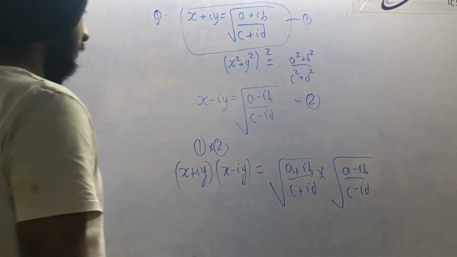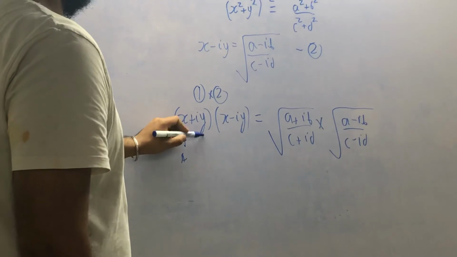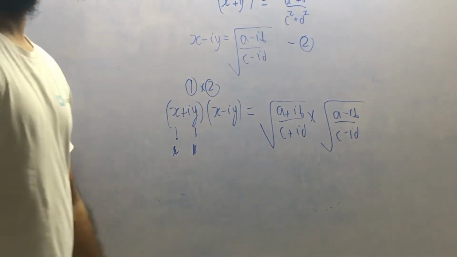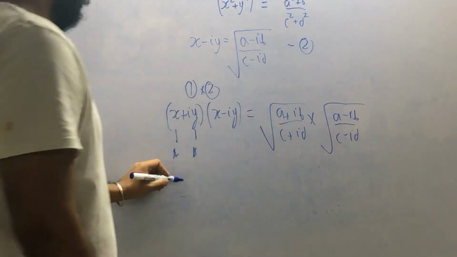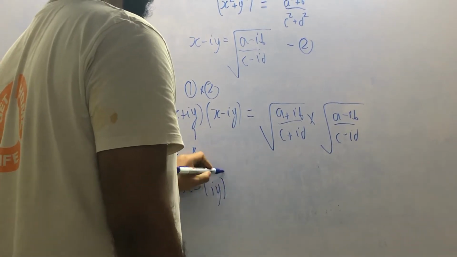Now see what I was talking about. This is A, assume this is B. So A plus B into A minus B is A square minus B square. So this will be x square minus (iota y) whole square.